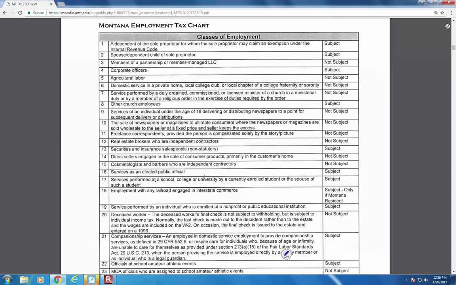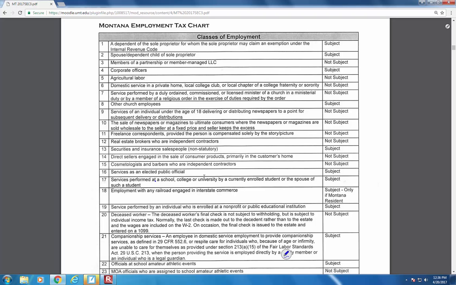So first off, this is a chart you should be familiar with. It just gives you in one place a snapshot of who you have to withhold on and who you don't have to withhold on. So for example, if you're a corporate officer of a corporation, you've got to withhold on them. But if you've got agricultural laborers, you don't have to withhold on them.